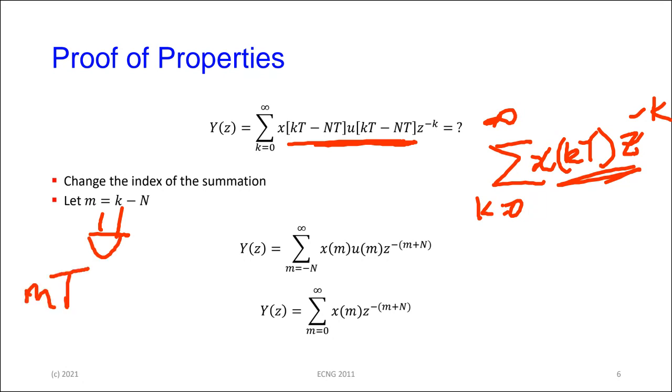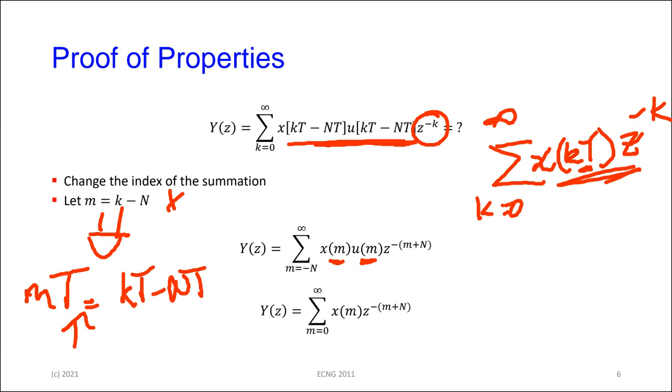This is the same as mT equals kT minus nT. Remember the T is always understood. So if I do that, then I have x(m), I have u(m), which is starting to look like what I have here. And then I have to change the summation index here. Instead of minus k it is going to be minus m plus n, because k is now m plus n.